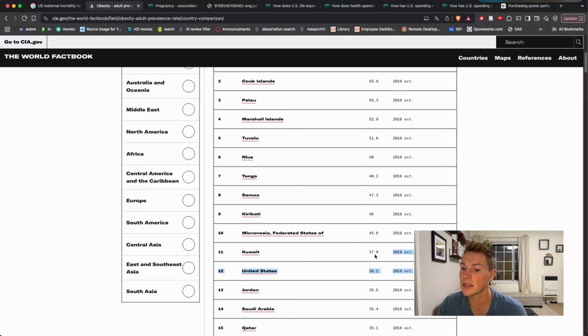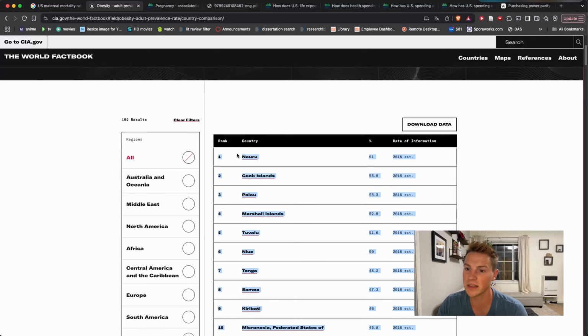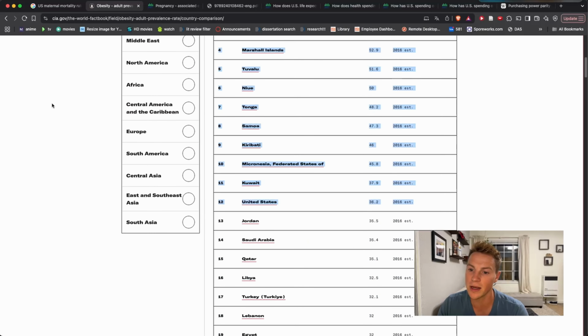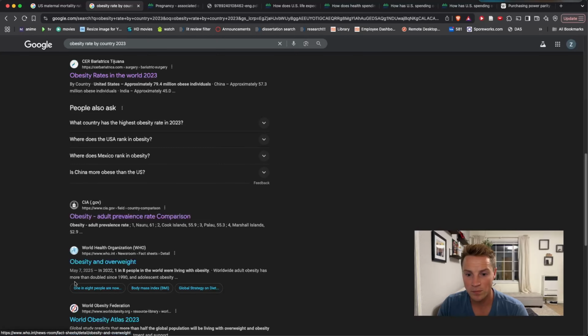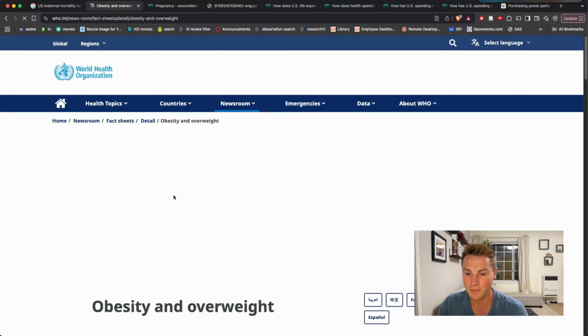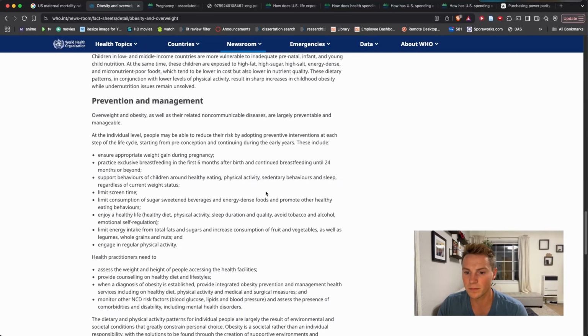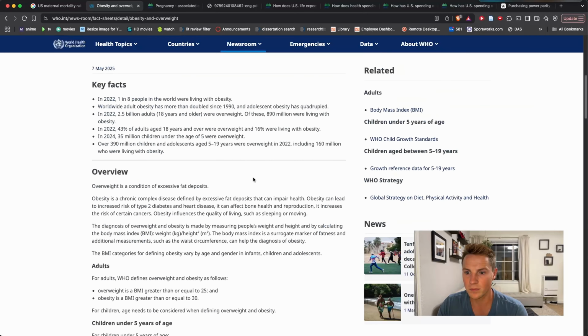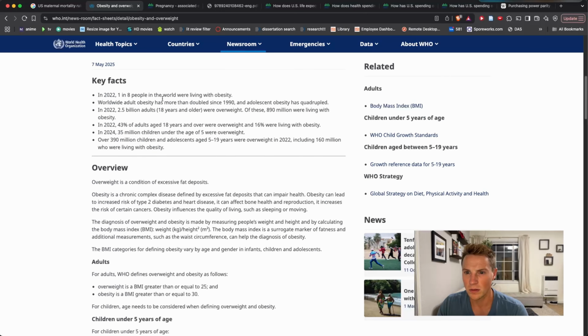These are 2016 estimates. So even by 2016, we can see the United States was not topping the chart anymore. WHO. In 2022, 1 in 8 people in the world were living with obesity.